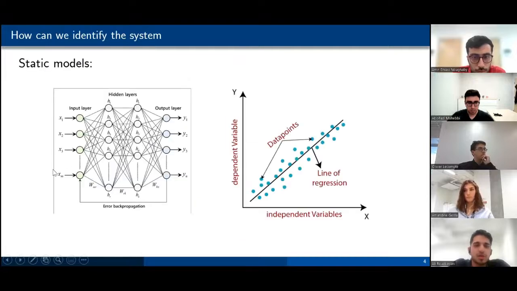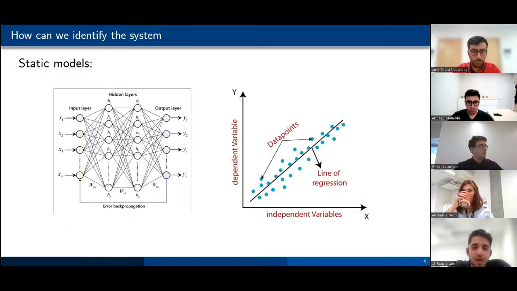So how we approach static models or static systems is using common methods that we are all familiar with, such as regression or neural networks. These are all approaches for modeling and identifying static systems, because using this type of approaches, we can understand the input-output relationship of these systems.